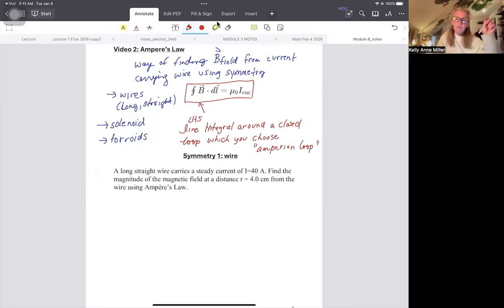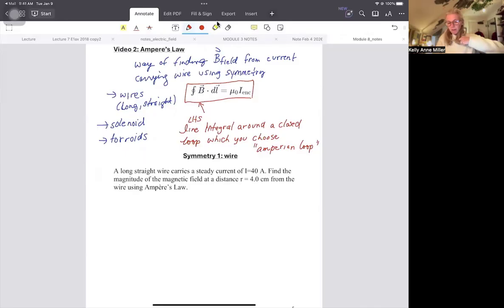Just like you draw your Gaussian surface, and then you're looking at the electric field lines, the flux that goes through that surface. Here we're drawing a loop, and then we're integrating along that path, which is where the path integral comes in.